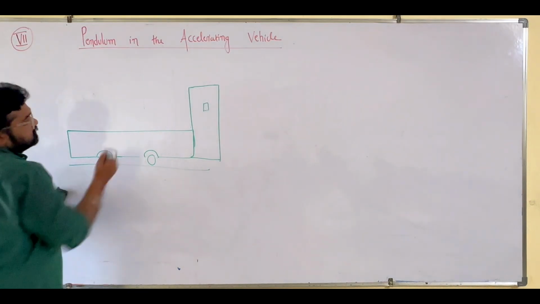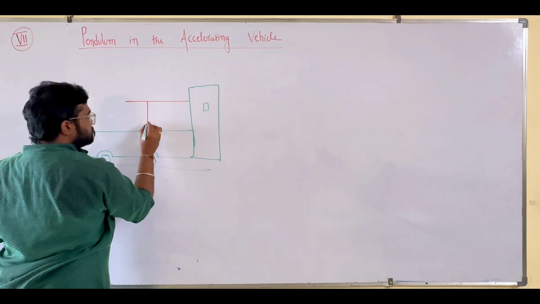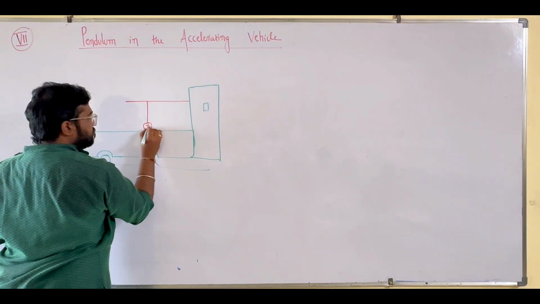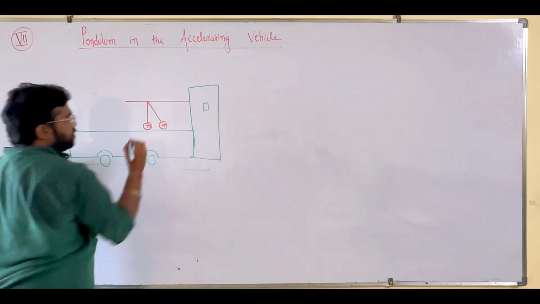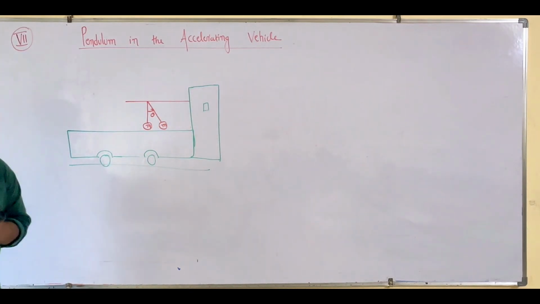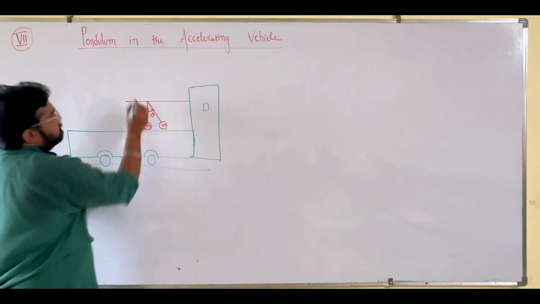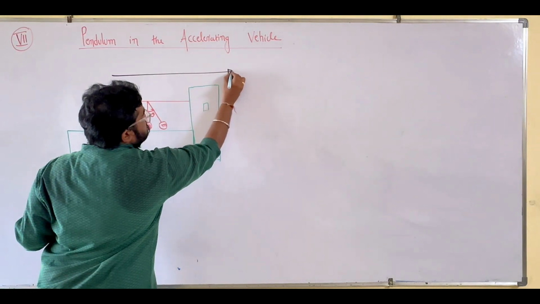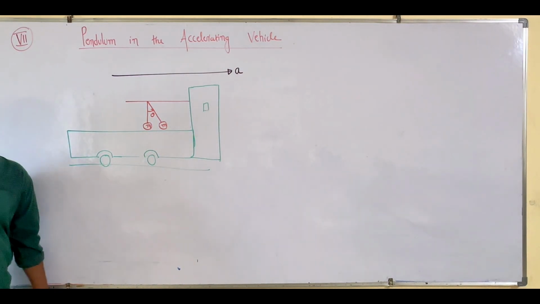Focus here. The pendulum is oscillating. This is the pendulum. Clear? We disturb the system. So this is the acceleration of the truck along this particular direction.